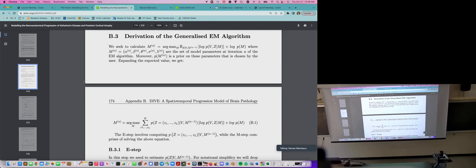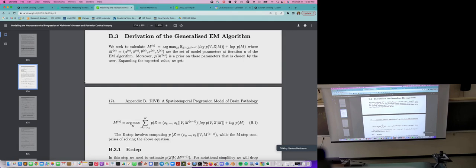Then we find new parameters for the current iteration. So now we do an argmax over theta, mu, and sigma of this whole expression, and these are theta, mu, and sigma at the current iteration u.